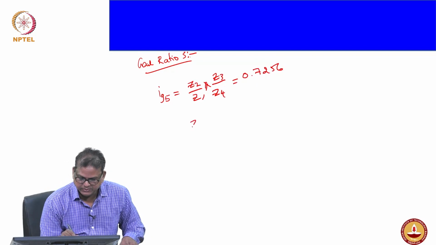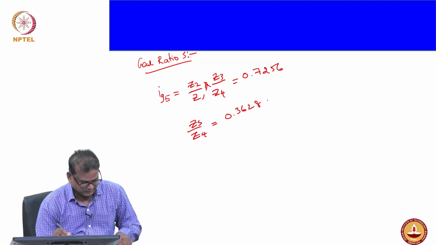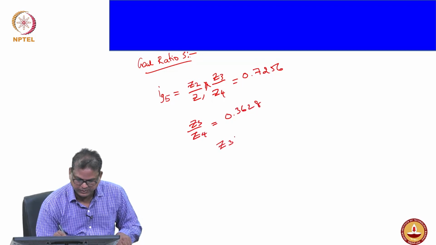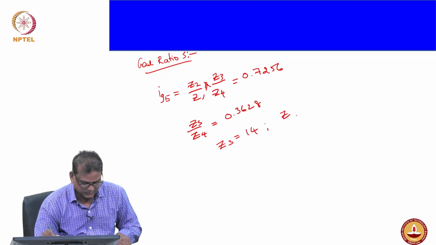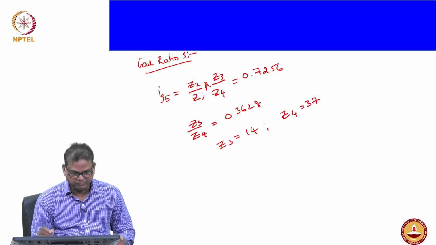Using the same center distance method, find the number of teeth. Z3 by Z4 is 0.3628. Finally, you would expect Z3 equal to 14 and Z4 equal to 37, so the summation 51 comes.